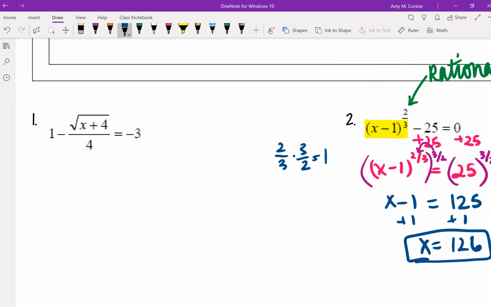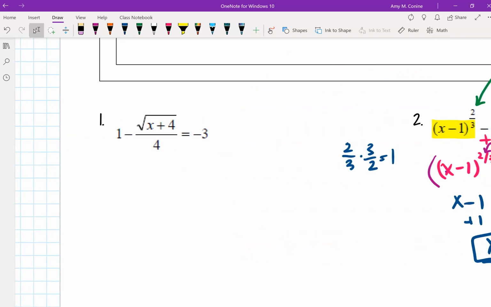So for number 1, we're going to go back here. Okay, same idea. Now we have a radical. We don't have a rational exponent. Same idea. We need to get this top by itself. So first thing we're going to do is subtract 1. Okay, so now we have negative x plus 4 over 4 is equal to negative 4.